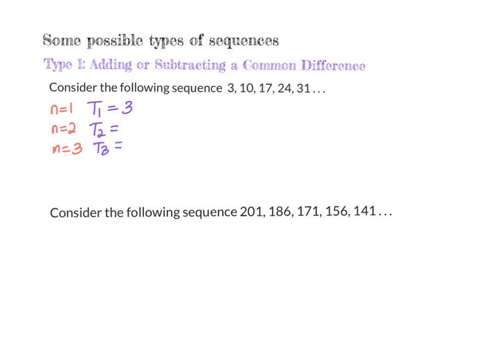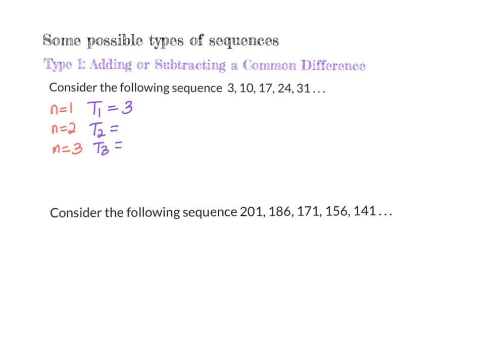Now, let's consider the following type. Type number 1, where we add or subtract a common difference. What does this mean? Consider the following sequence down here. Let's say we have the numbers 3, 10, 17, 24, and 31.